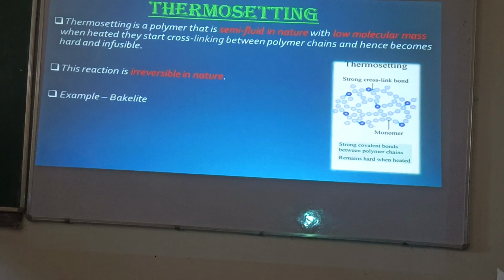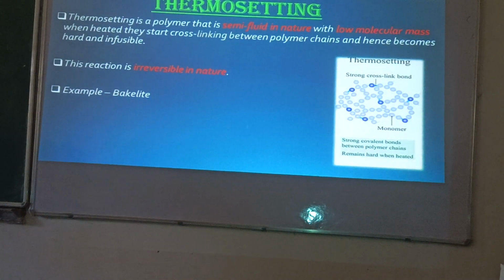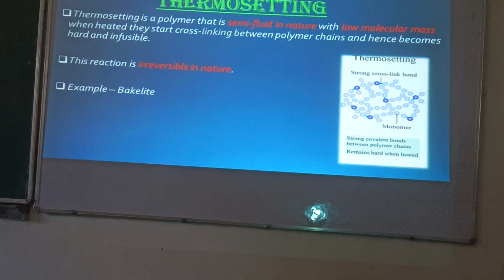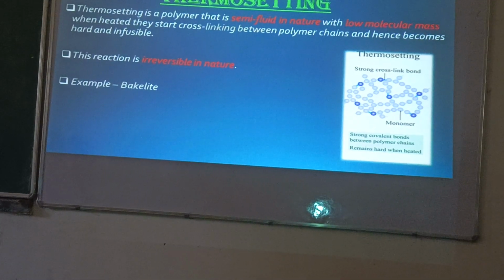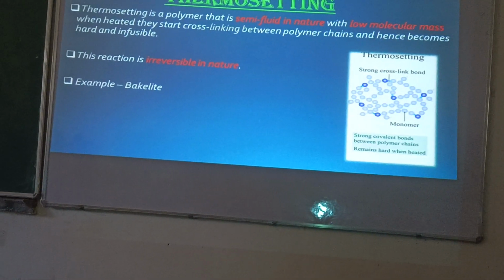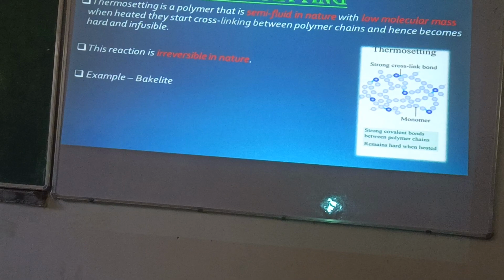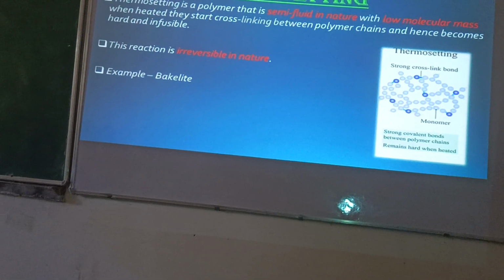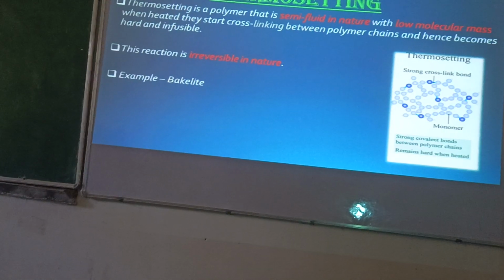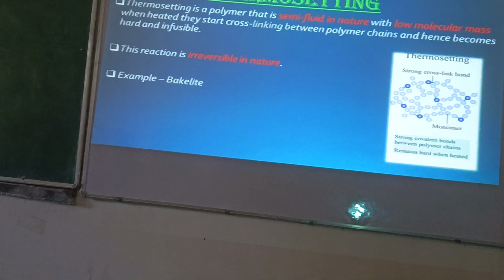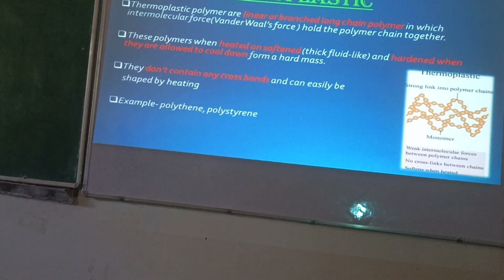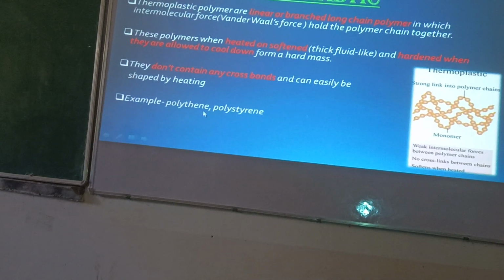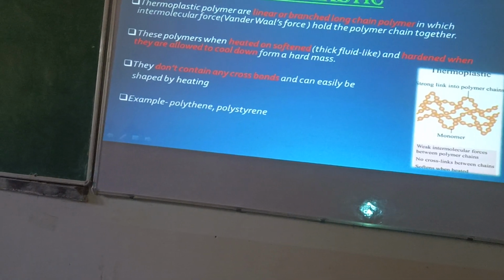The handles of pressure cookers and other non-stick cookware are made of bakelite. You see, when they get melted, we cannot reuse it or remold it. But in thermoplastic, as you said earlier, polythene can be remolded again.